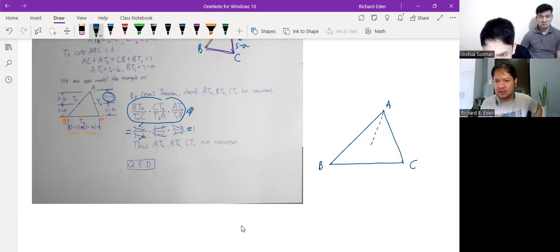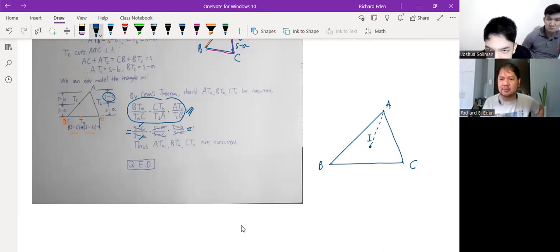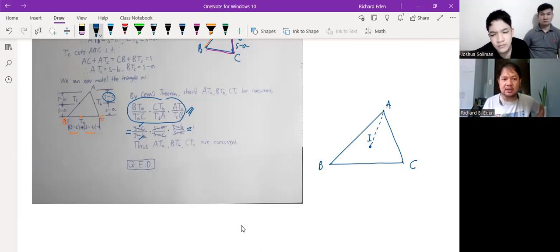So let's say this is the incenter I. So if you extend it, that would eventually be concurrent with the external angle bisectors at B and C. But at any rate, this will contain the excenter at A.